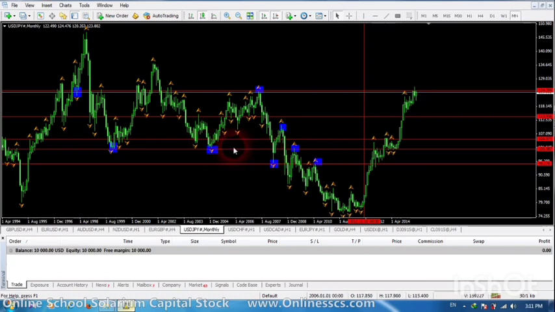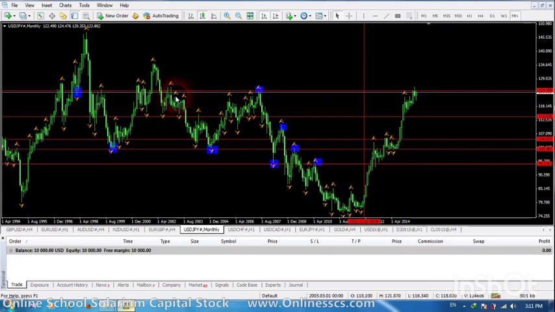It's higher than its two sides. This one is also like that. It doesn't have a shadow, that's correct, but it's considered a swing high. This one is also higher than the two sides of it. This has a long shadow here, so this is considered a pivot. This is a swing high, it's higher than the two sides of it.